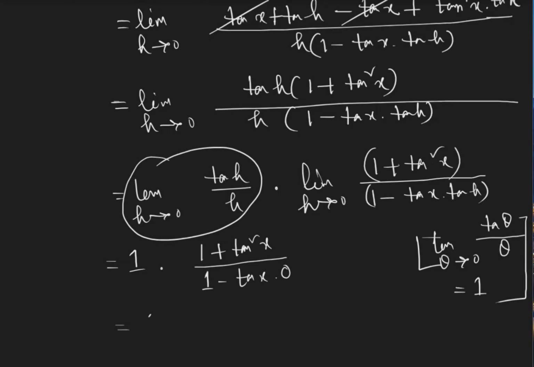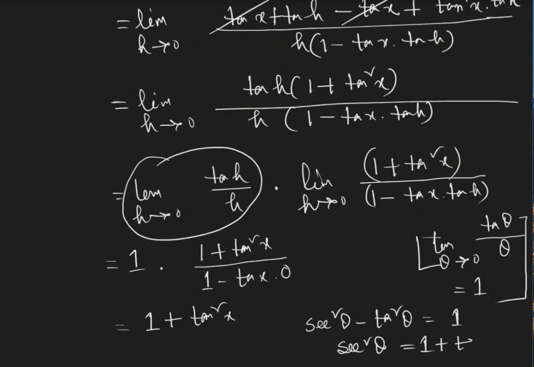So we could write down 1 plus tan square x, and by the formula of trigonometry we know that sec square theta minus tan square theta is equal to 1, or sec square theta is equal to 1 plus tan square theta. So we could write down here sec square x. So this is the final answer.